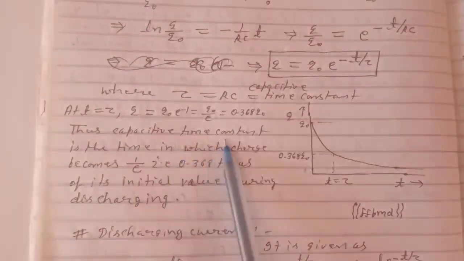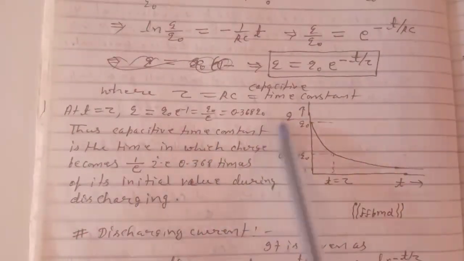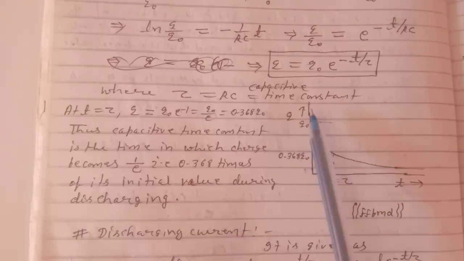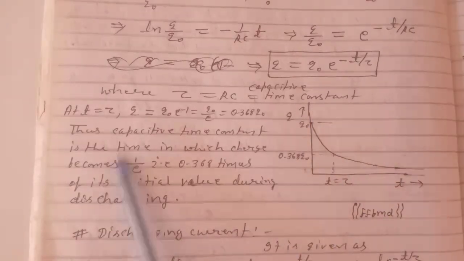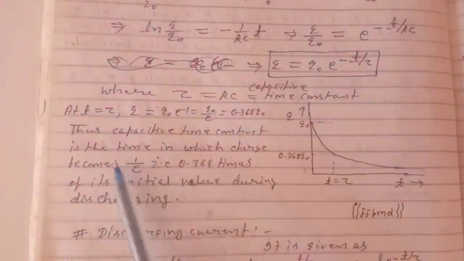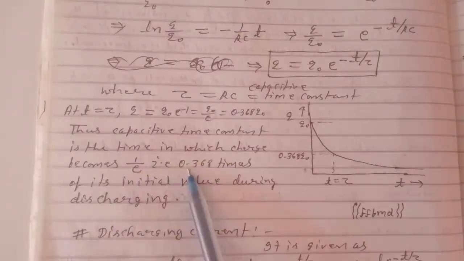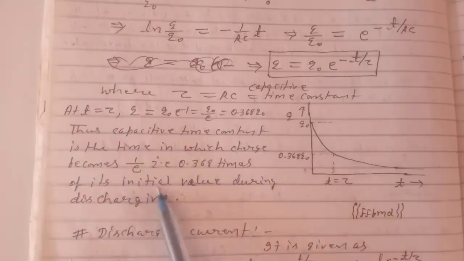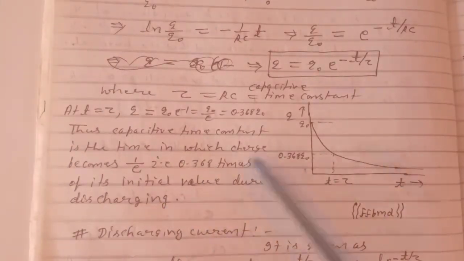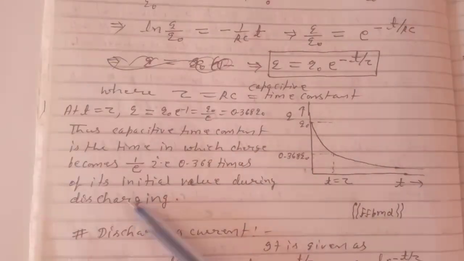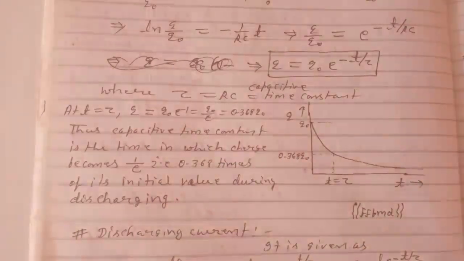Thus, can we define the capacitive time constant in the discharging case? The capacitive time constant is the time in which the charge becomes 1 by e, that is, 0.368 times its initial value during discharging. This is the capacitive time constant during discharging, and we have defined it here.